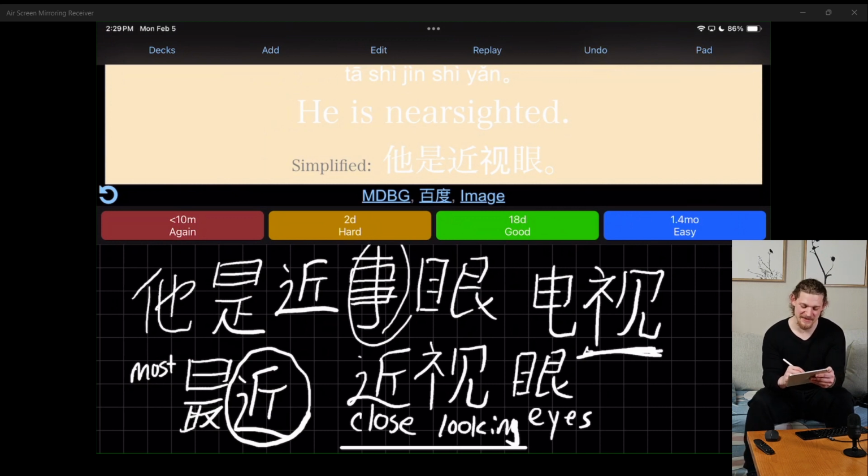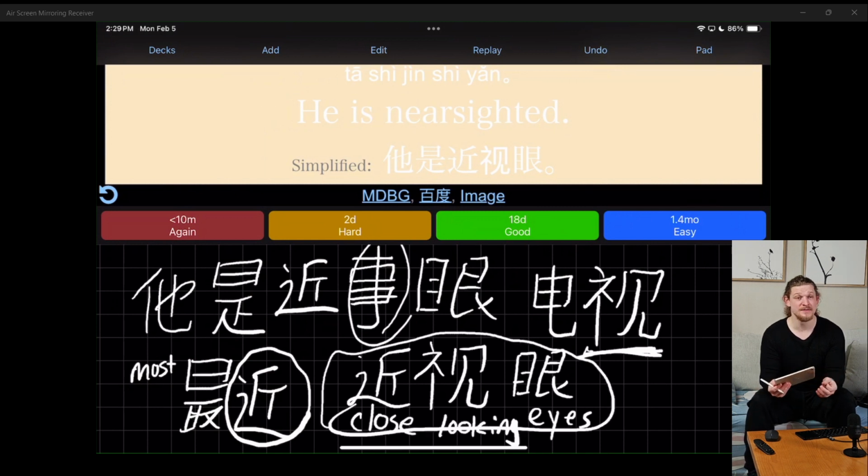That's really on the nose right there. So close looking eyes, or eyes that look close, and look not as in to look from you, but they actually look at things which are close. All right, cool. So I have gotten that one wrong.